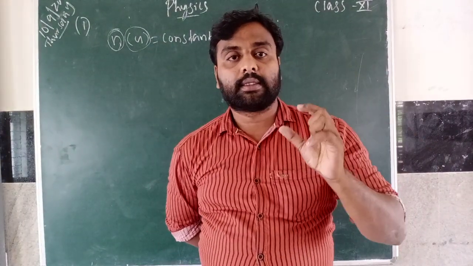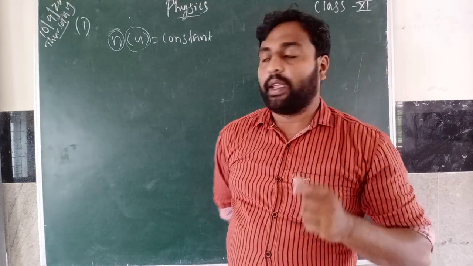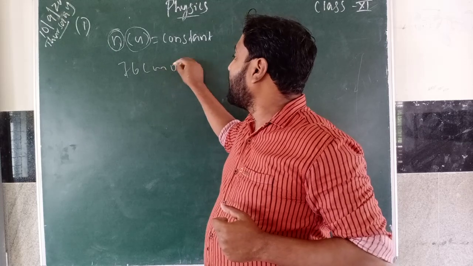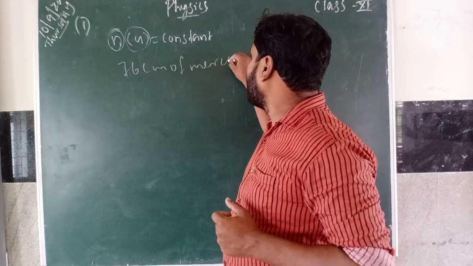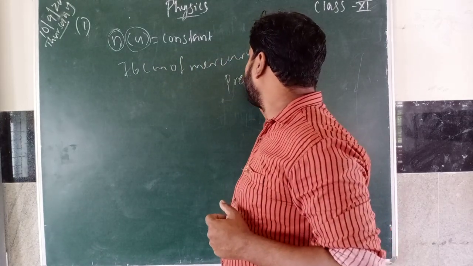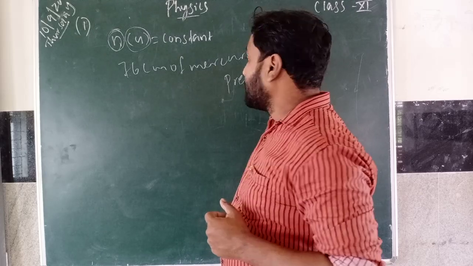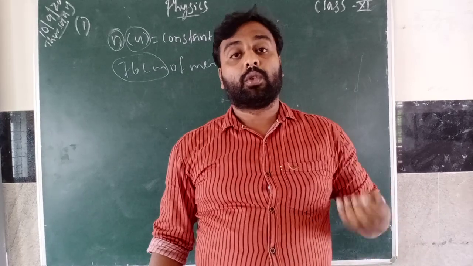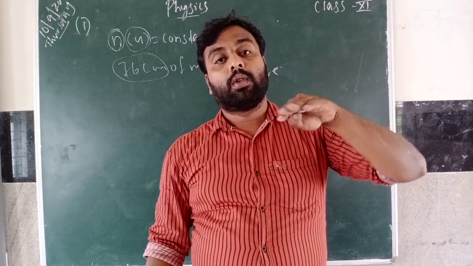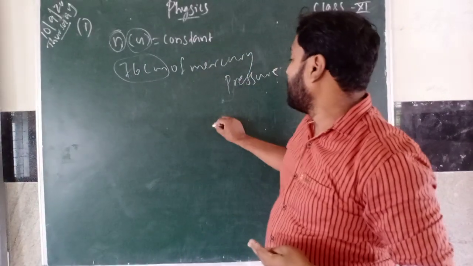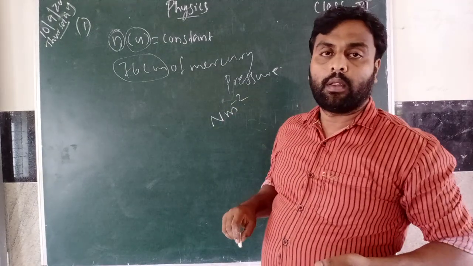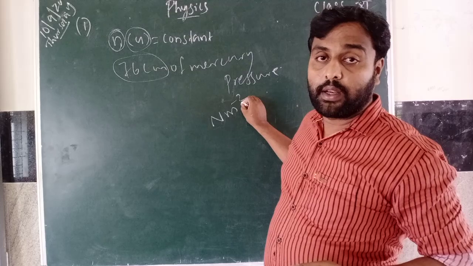Suppose 76 centimeter of mercury pressure; you have to convert it into Newton meter power minus 2.